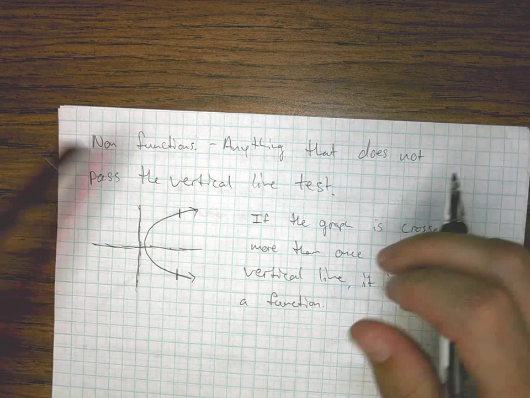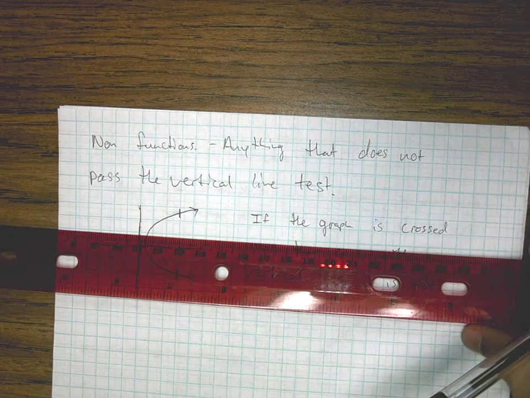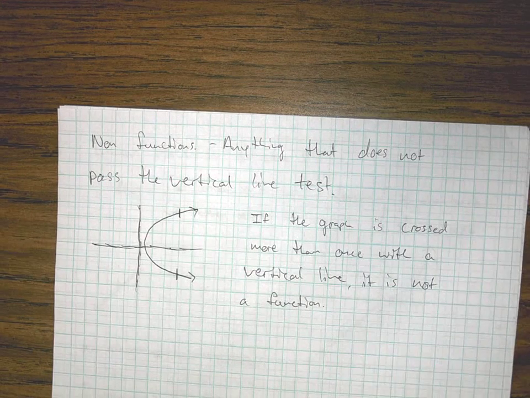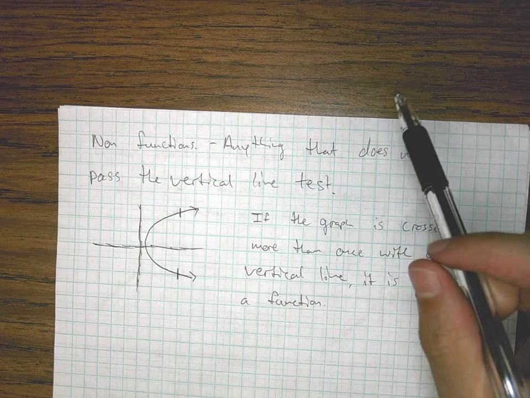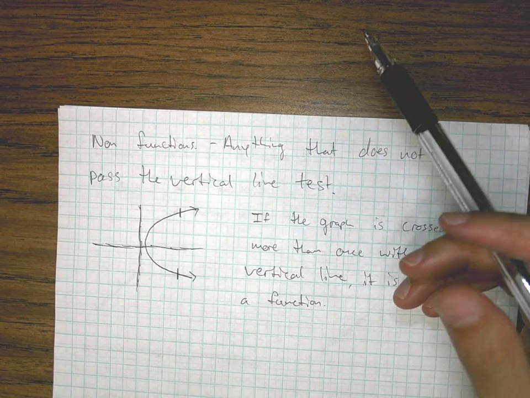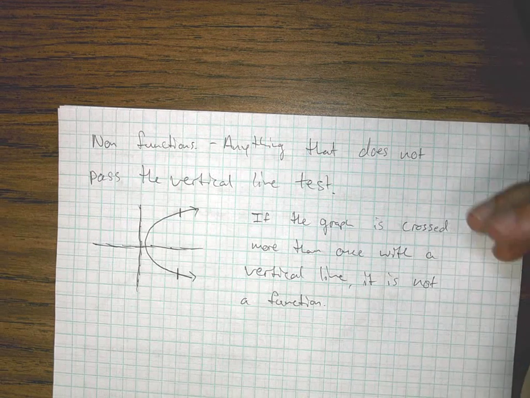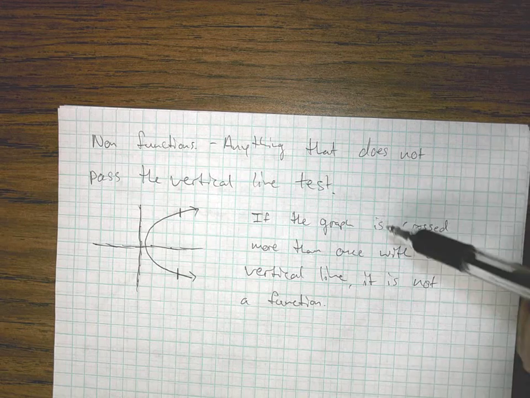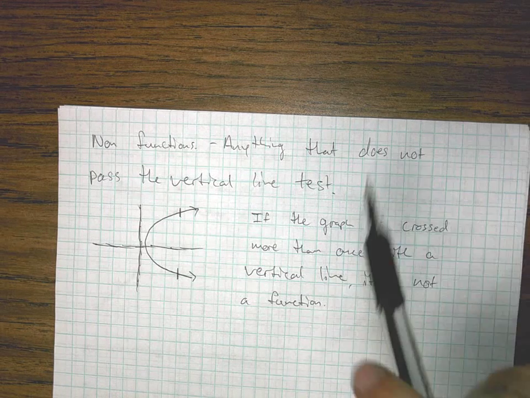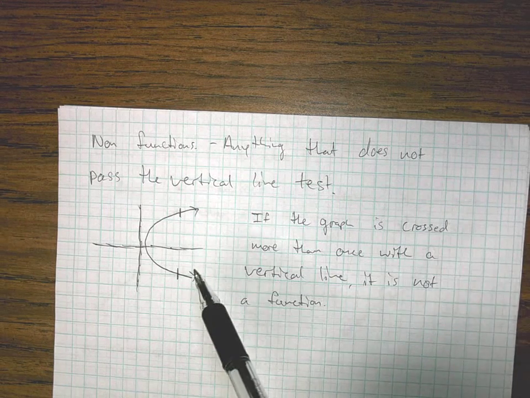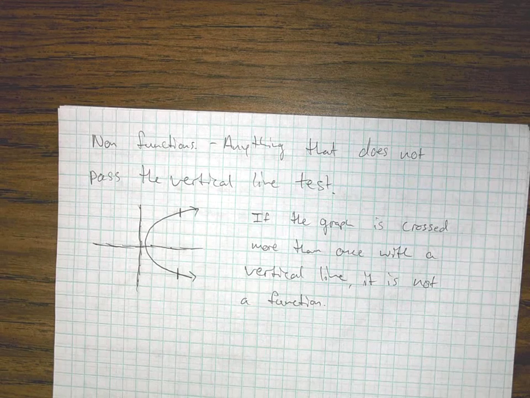So this is where it could have horizontal symmetry, maxes and minimums, doesn't really look like it, but there's a lot of things in the world that are non-functions. But just for the sake of this class, if it fails the vertical line test, it is not a function, a non-function. Okay, thank you very much.